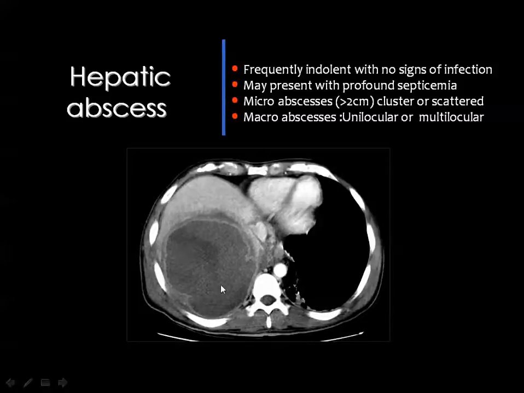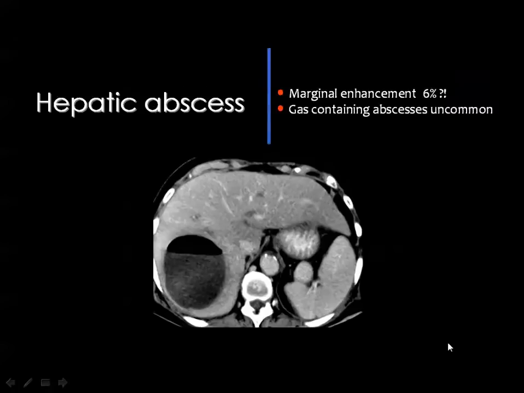And being an inflammation, there may be a halo of hypodensity representing edema of the surrounding liver parenchyma. And sometimes you can see also air loculi inside the abscess.